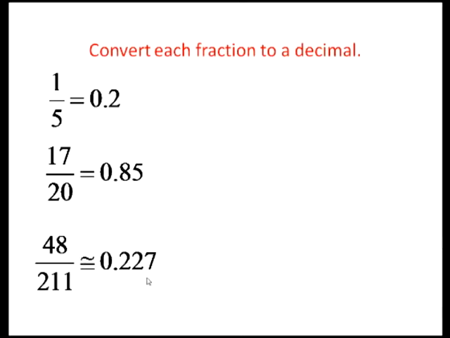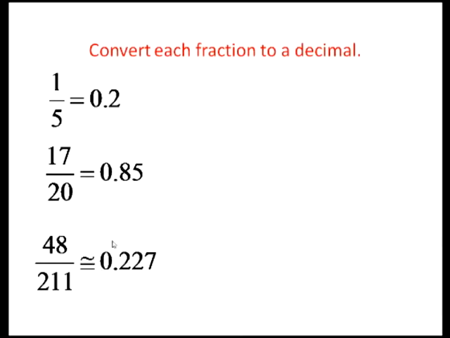Here's an interesting thing that happens with fractions and with decimals. A fraction is an exact number. When I tell you 48/211, that's exactly the number I'm talking about. 0.227 is an approximation of that number. If I wanted to write down this fraction exactly, I would write down the entire decimal. But it's common to round, and some of these decimals get really long.